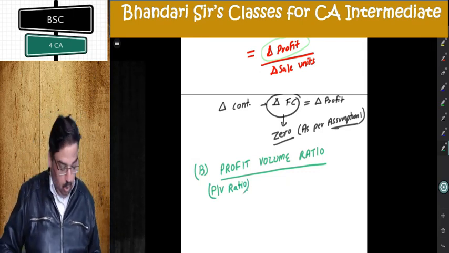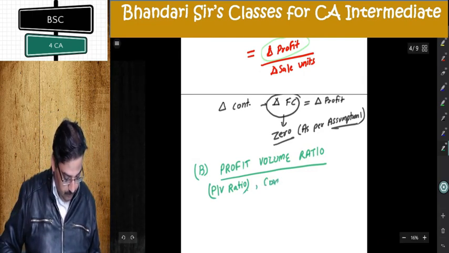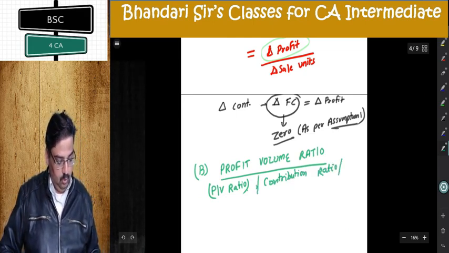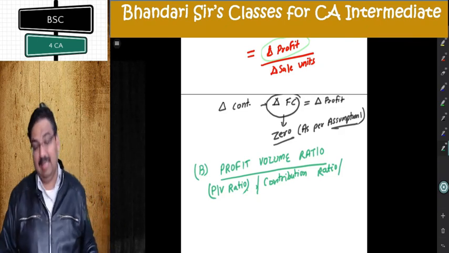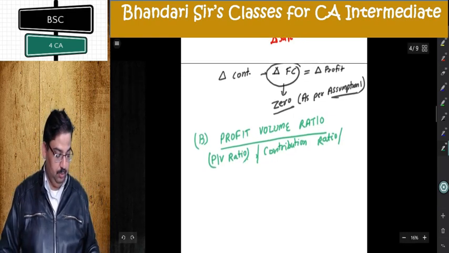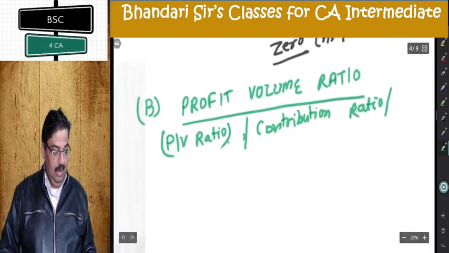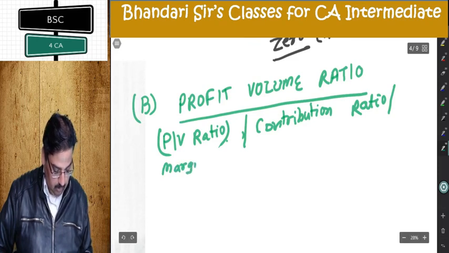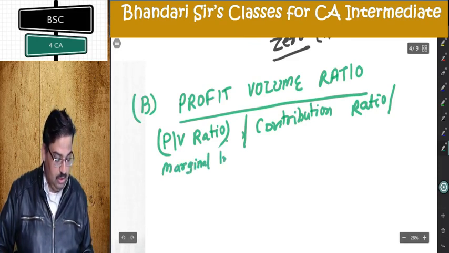It is also called contribution ratio. It is relative contribution as I have told you. Another name given to this, marginal income ratio.